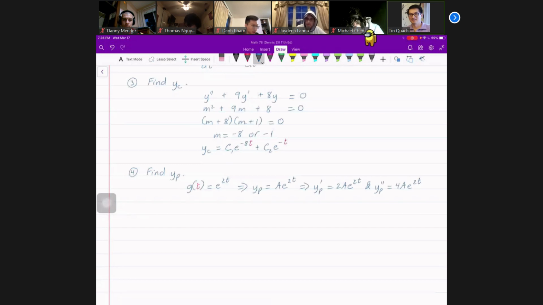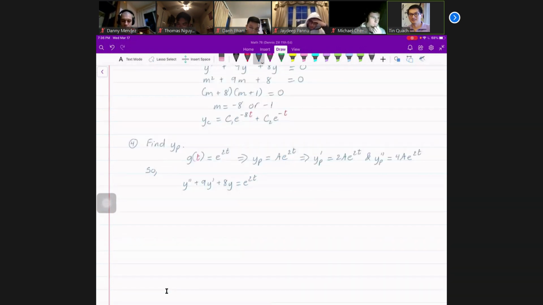So the differential equation y double prime plus 9y prime plus 8y equals e to the 2t. Okay, let me bring it down here. Okay, so that is your differential equation, right?